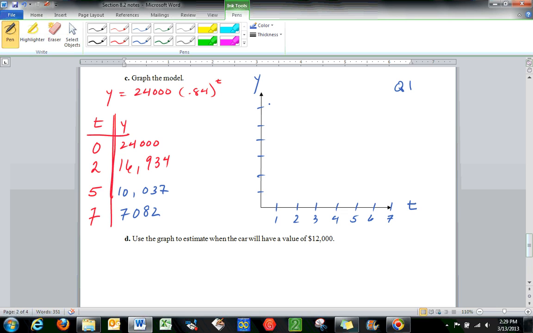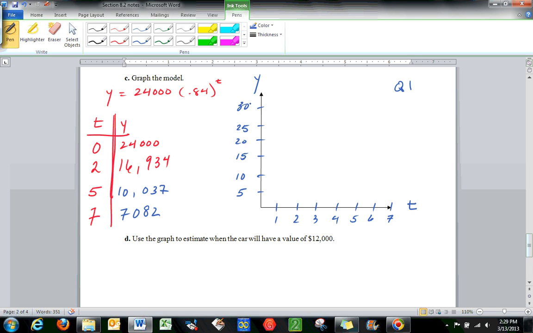And since the value of the car could be very high, we're going to have to come up with a scale that is easy to use. So I'm just going to do it in terms of $5,000 increments. 5,000, 10,000, 15, 20, 25, and then of course 30, and of course we never even had a value of 30 for our car to begin with.